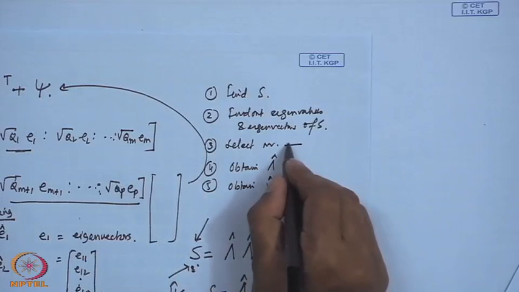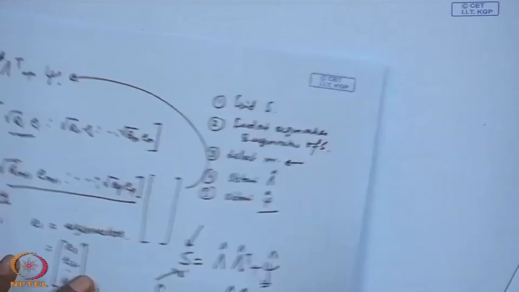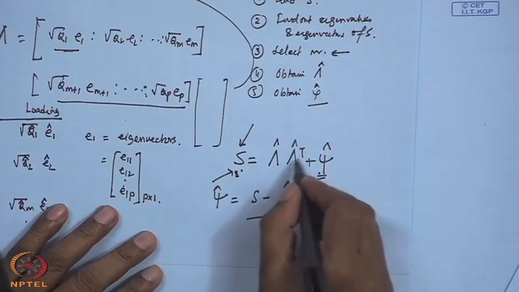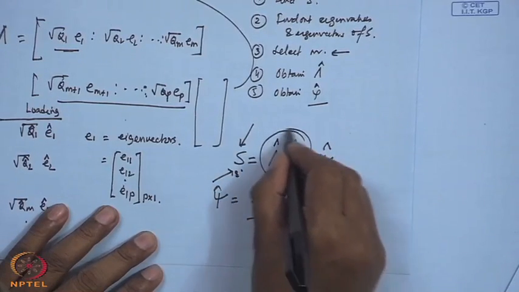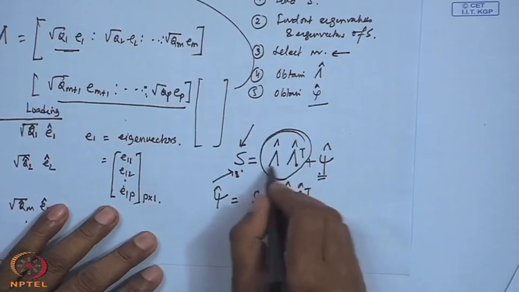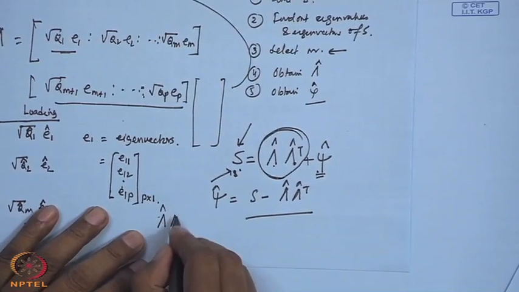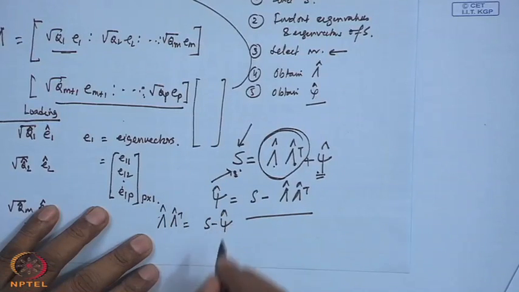So how do you select M? It's a tricky one, but there are certain suggestions. Because you see this equation, you are interested to find this value. So this value, lambda cap, lambda cap transpose, is nothing but S minus psi. What is the rank of this?